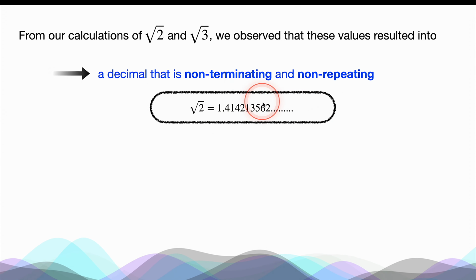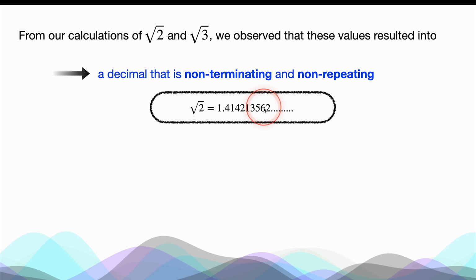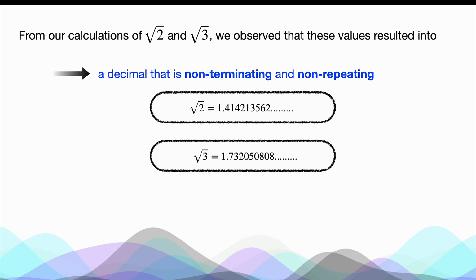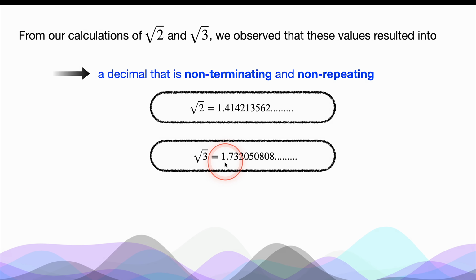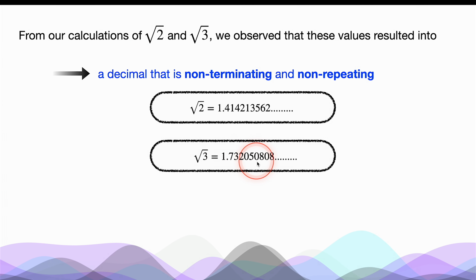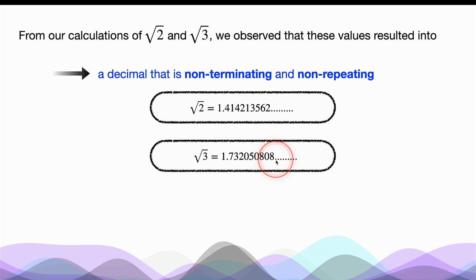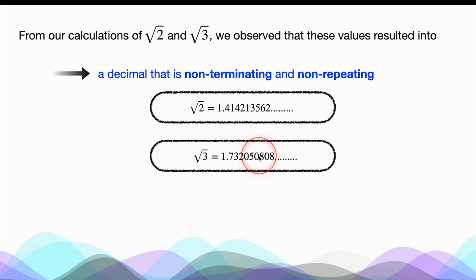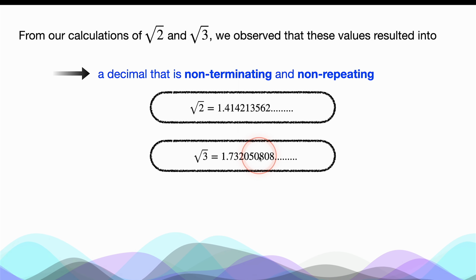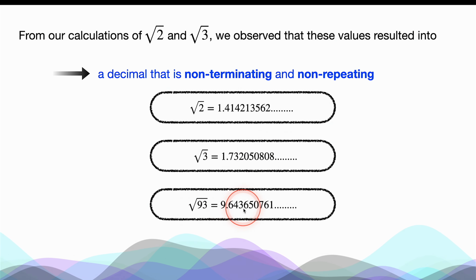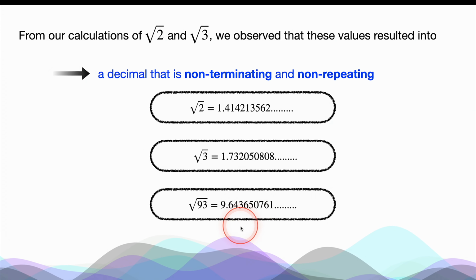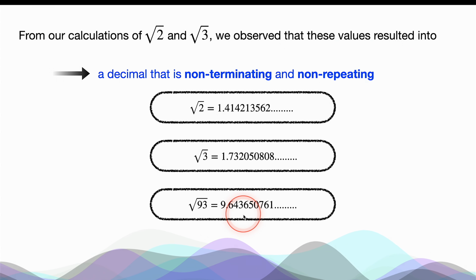So it is non-terminating and non-repeating. Similarly, for root 3, we found that the number came out to be 1.7320500808, and so on. Again, it is a non-terminating and non-repeating scenario. We will look at one more number, something like root 93. Again, you can see it is non-terminating and non-repeating.